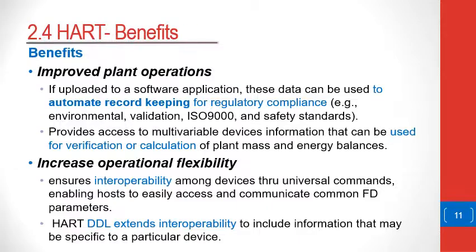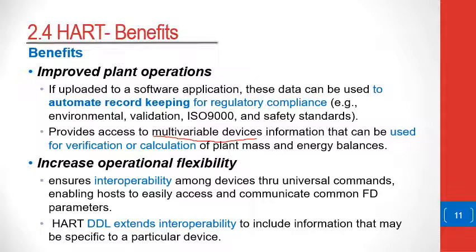So two of the four benefits typically obtained by implementing a HART network is that it improves plant operation. The reason we say that is because, remember, HART is able to have multivariable devices, that is devices that can report multiple variable information, primary, secondary, as well as tertiary information.